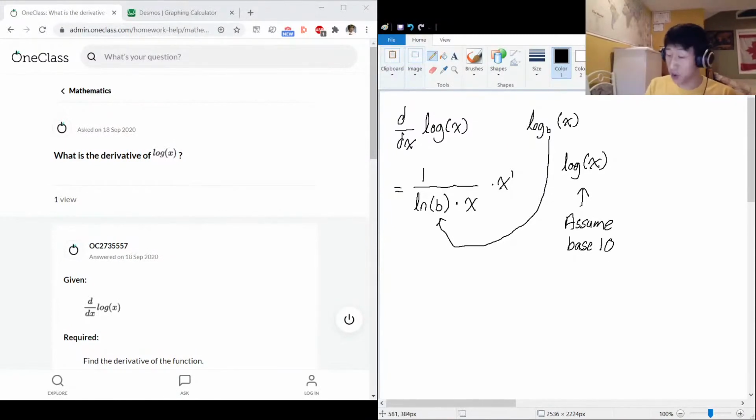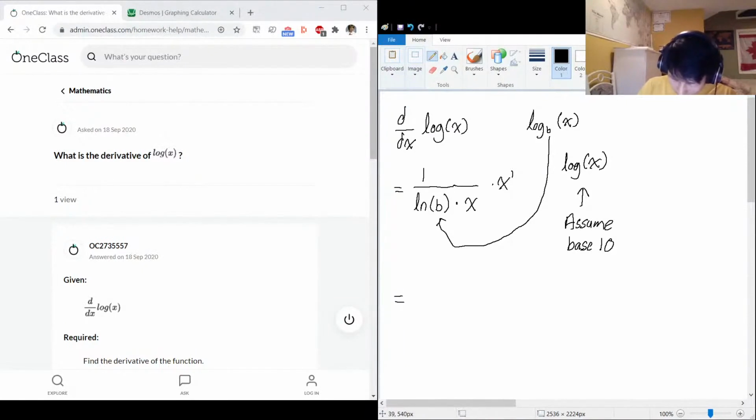If there is no specified base, assume base 10. Okay, so in the question that we're given, we have no specified base, meaning that we have a base 10 situation right here. So this equation is good, but let's do this with the example that we have here, with base 10.